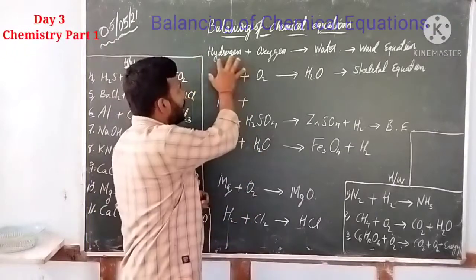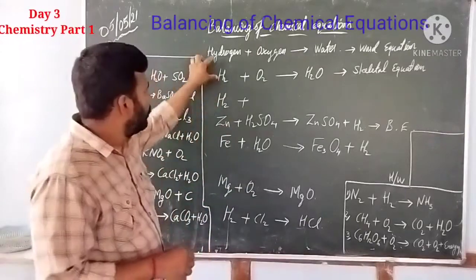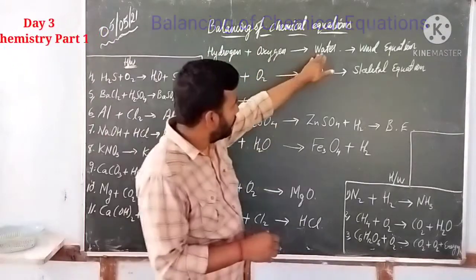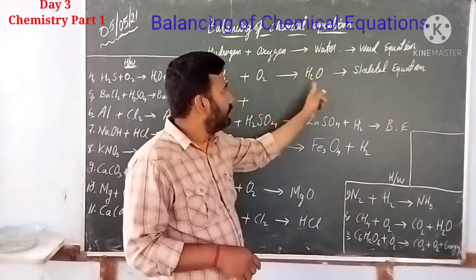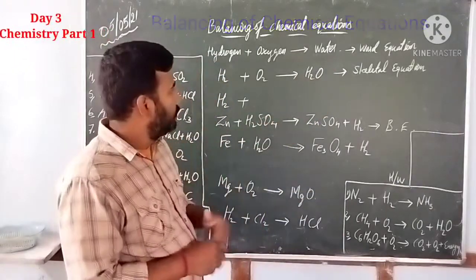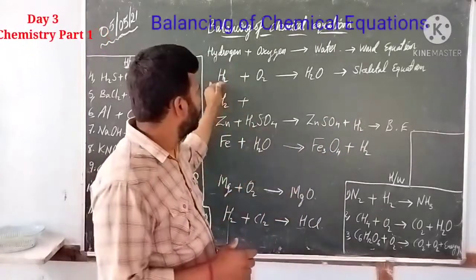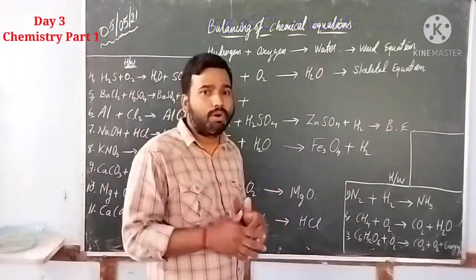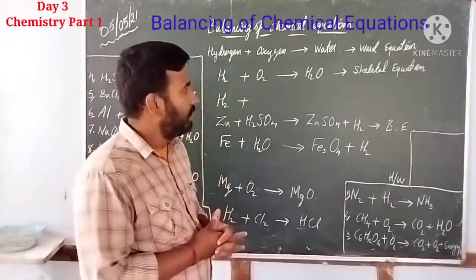For example, what is the symbol for hydrogen? H. The symbol for oxygen is O. And similarly, the molecular formula of water is H2O. We all know that. So why can't we represent a chemical equation using the symbols of elements and the chemical formulas of compounds? It will be easier for us.